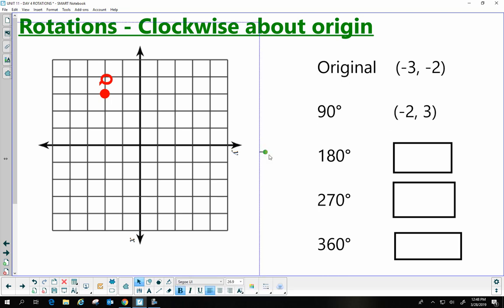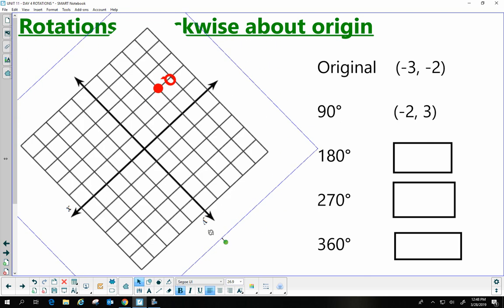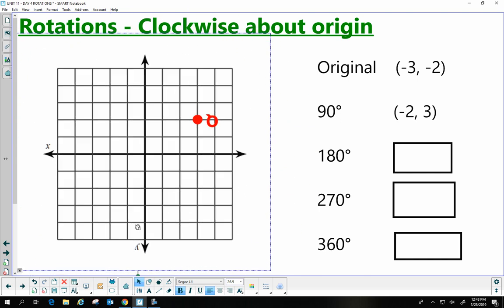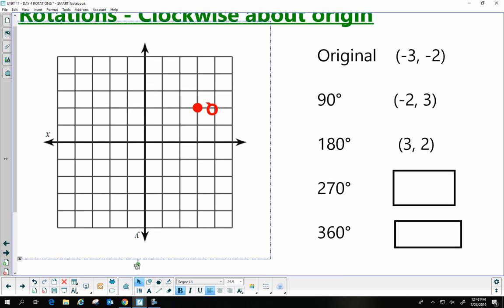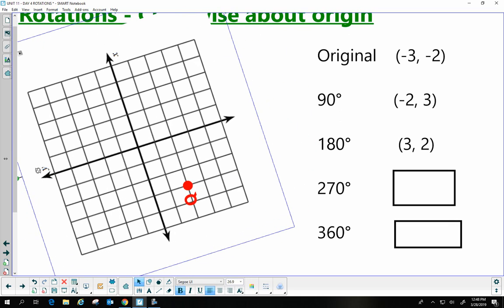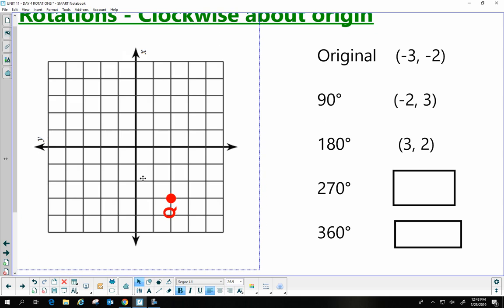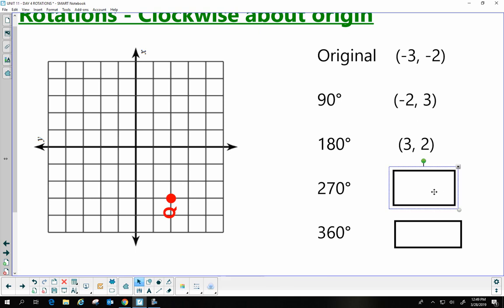If I rotate 90 more degrees, which is a total of 180, and I look at my coordinate plane as if the coordinate plane didn't move, just my point, now I have coordinates of 3, 2. If I rotate one more time 90 degrees, which brings me to a total rotation of 270, my coordinates are 2, -3.